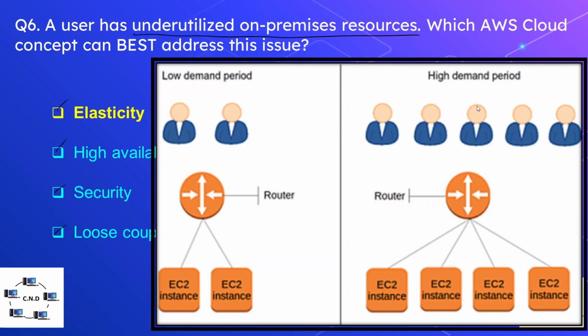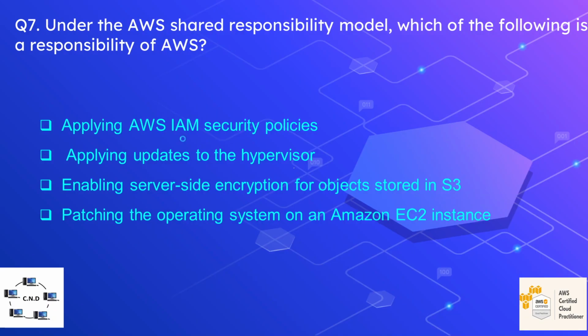But when we have higher demand, we also have a higher number of instances or compute resources. So here the E stands for elastic, and elastic means that it provides us with the elasticity of decreasing or increasing the resources as per the demand of the traffic.